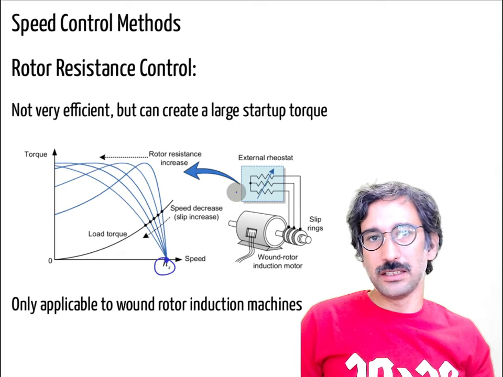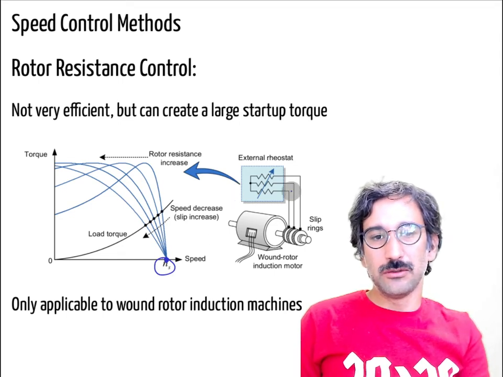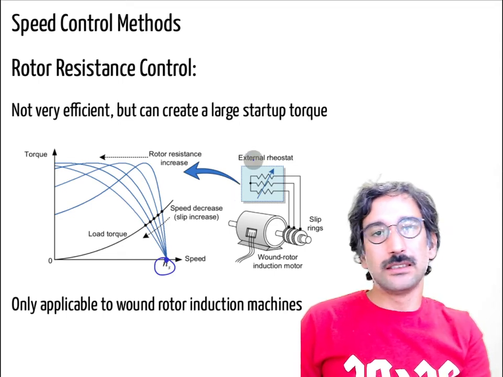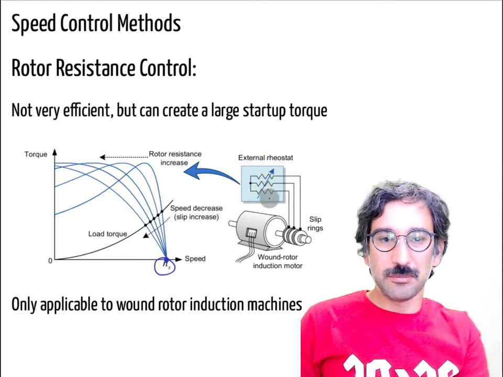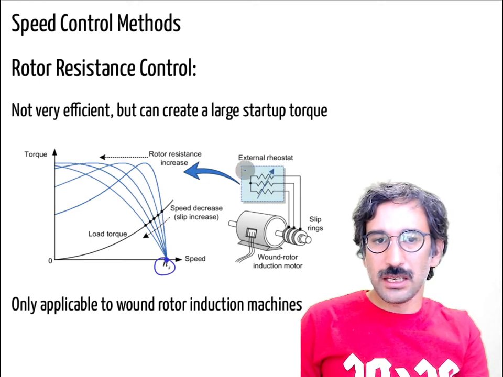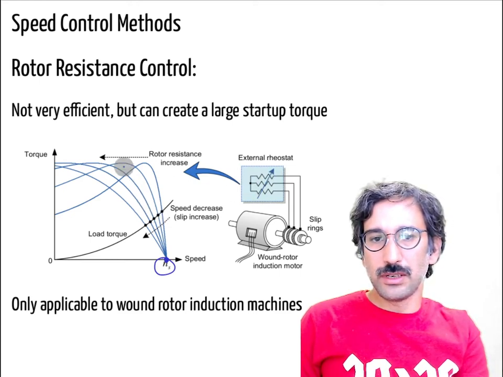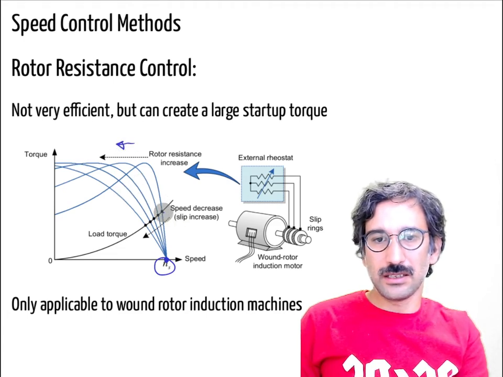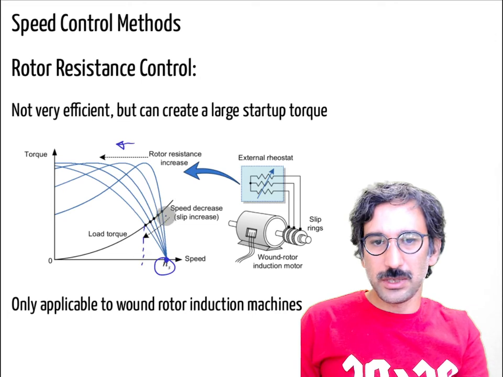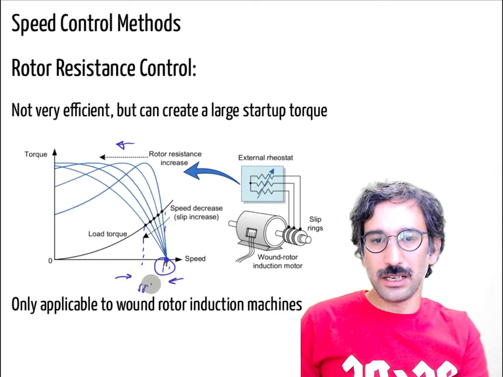In squirrel cage induction machines, you don't have those terminals to connect the external resistance in the first place, so it is not applicable to squirrel cage induction machines. However, if you increase that rotor resistance, your torque curve moves in that direction. So again, for speed control, maybe you have that kind of range.